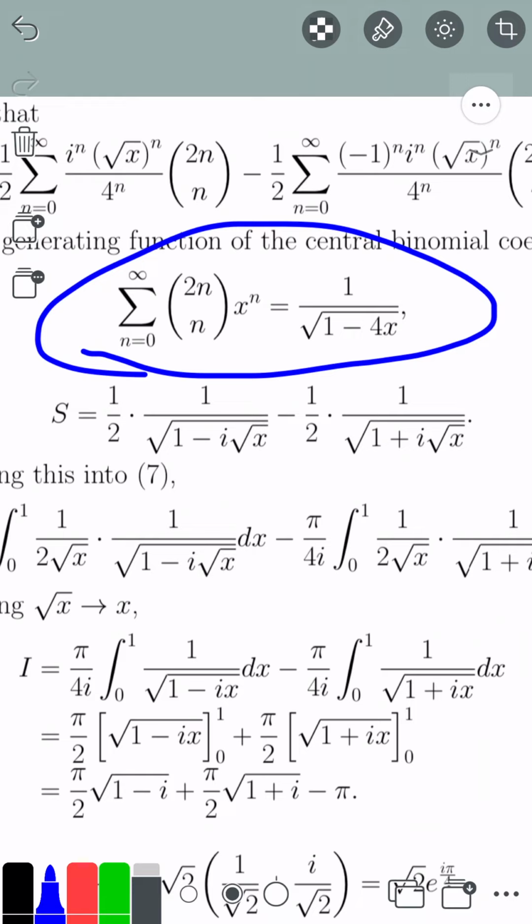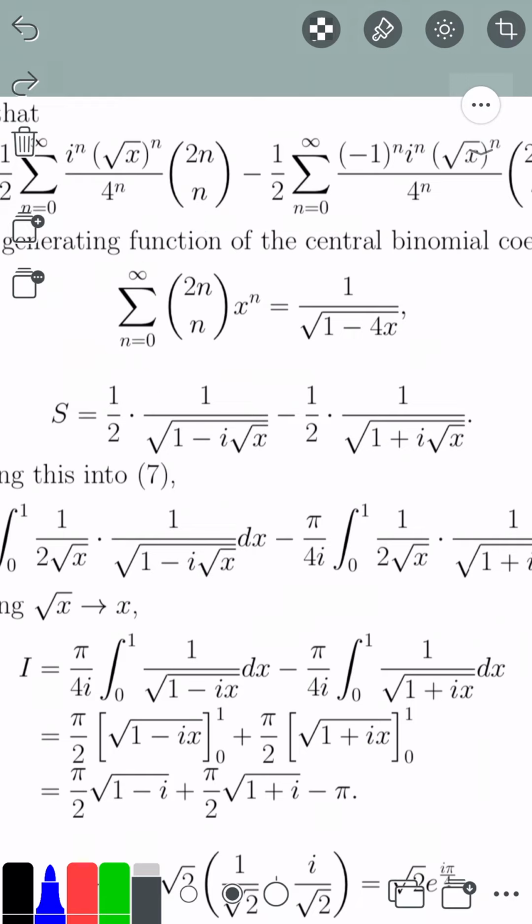And this series converges for the absolute value of x less than 1/4. Well, not exactly less than 1/4, but it converges for magnitude of x less than or equal to 1/4 actually, except for x equals 1/4.